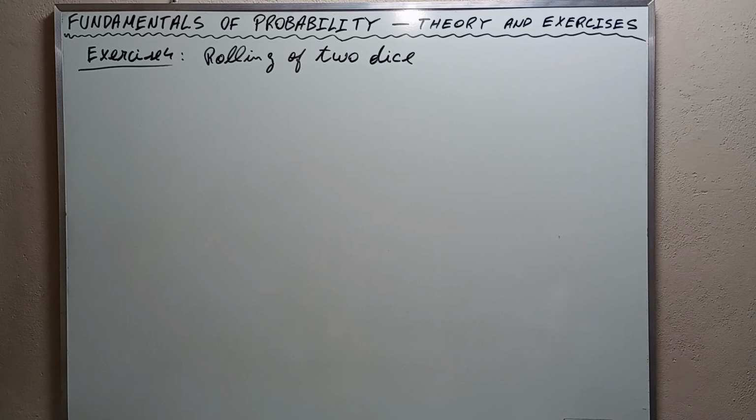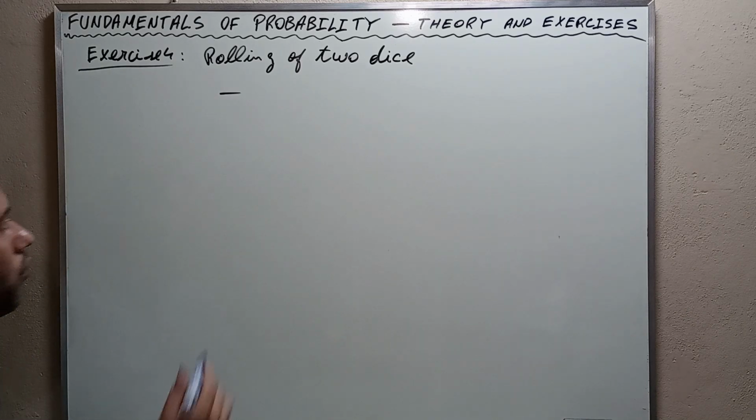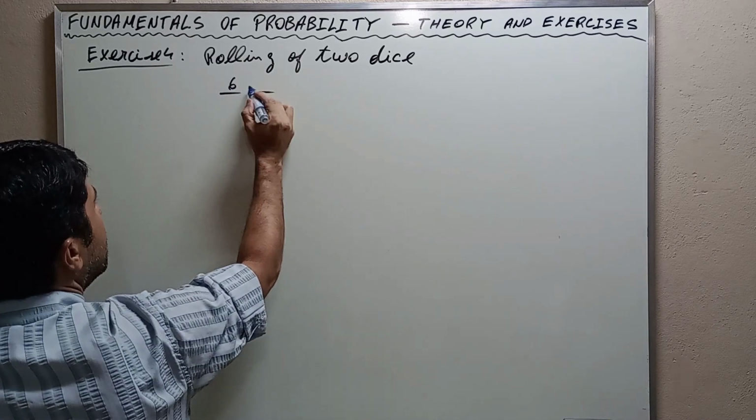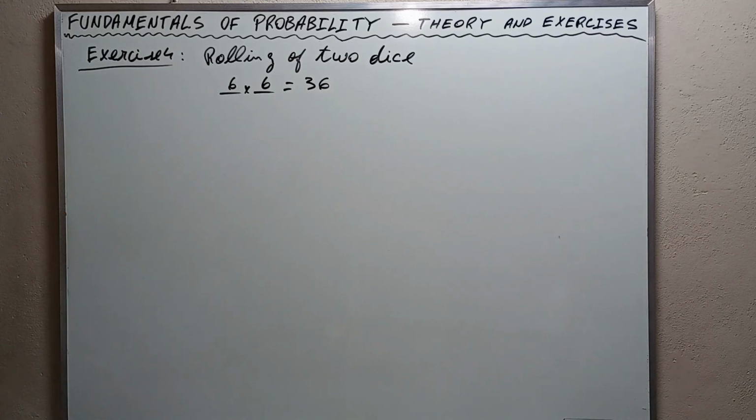That is, our sample space consists of, we have two dice. One position for one and one position for the other. Our sample space will consist of 6 times 6, 36 possibilities of pairs for the outcome of rolling the two dice.